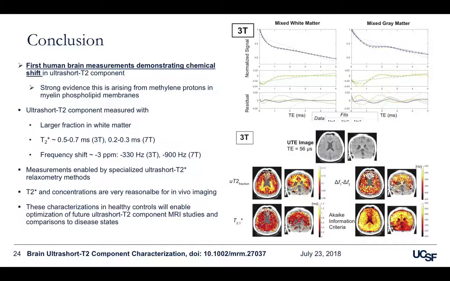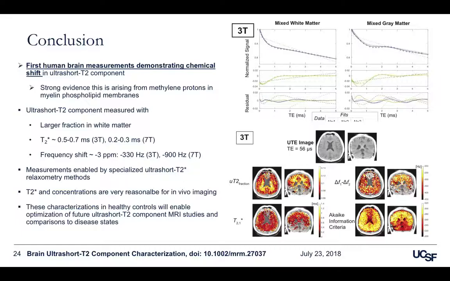So in conclusion, we believe these are the first human brain measurements that demonstrate the chemical shift of the Ultrashort-T2 component. So again, further providing strong evidence that we're measuring methylene protons in the myelin phospholipid membranes. And we characterized this, showing that we had larger fractions of the Ultrashort-T2 component in white matter, have typical T2 star values here, and frequency shifts.